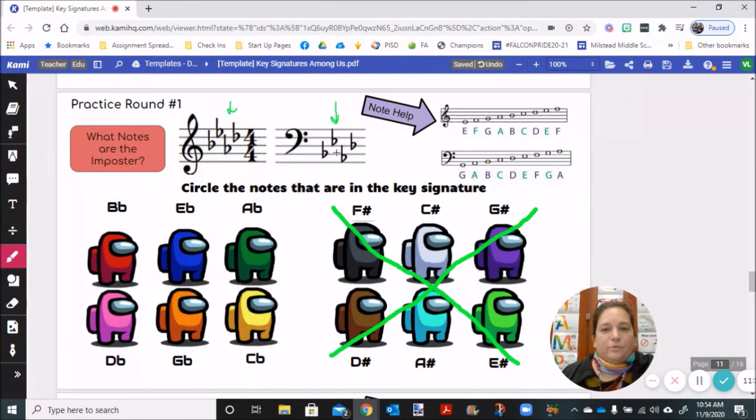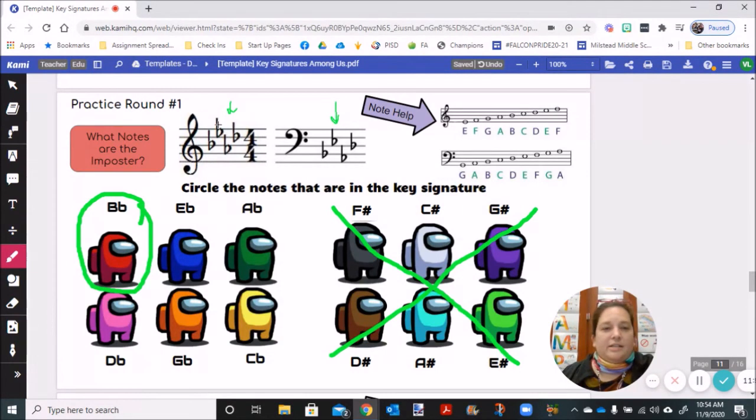In bass clef, we're looking at 2nd line. What letter name lives on the 3rd line in treble clef and the 2nd line in bass clef? Hopefully you were thinking B. That would be correct. So our first imposter is B flat. Circle the red one. He's getting ejected.